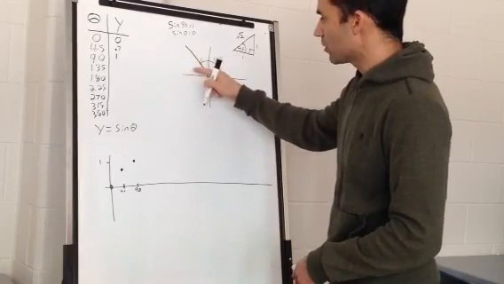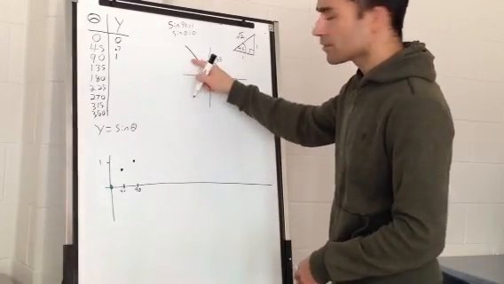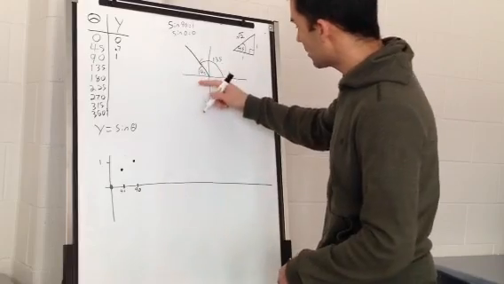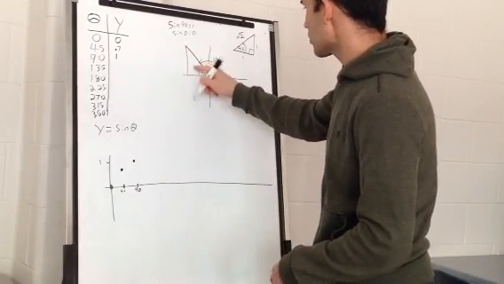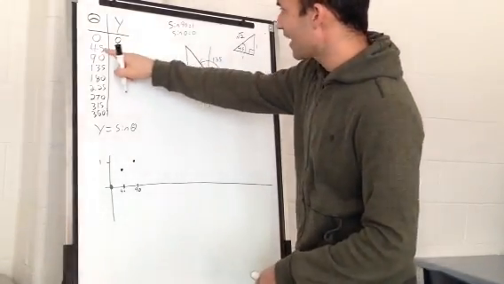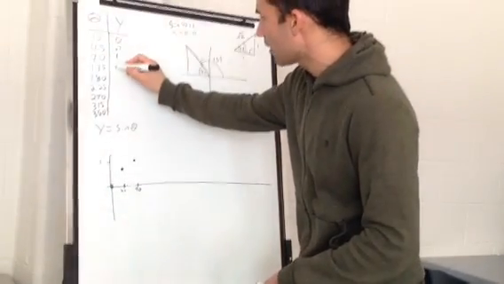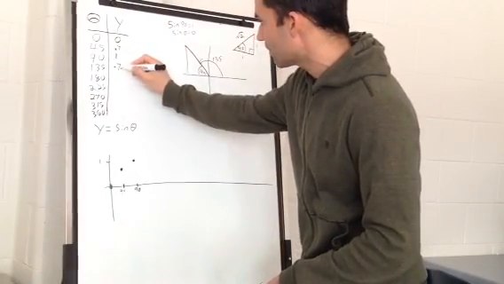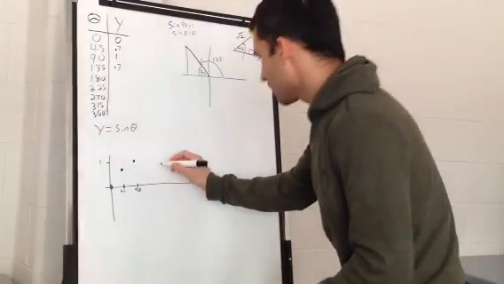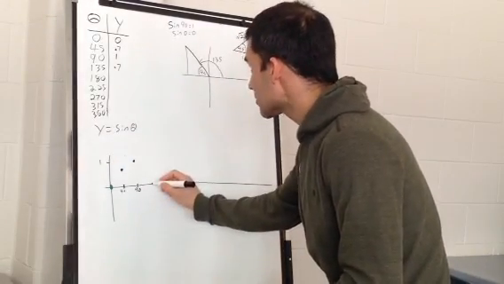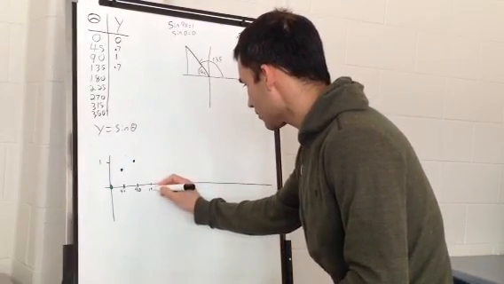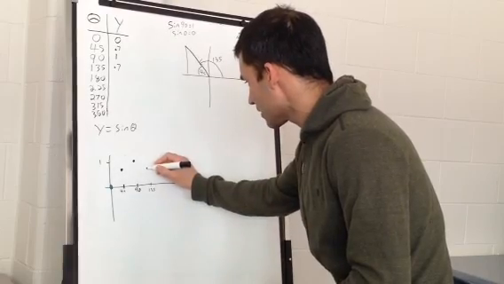From the CAST rule, the sine is positive up here just as it is here. So it's going to be the same as the sine of 45, making it positive 0.7. So we come back down. So here at 135 degrees, we're back down to 0.7.